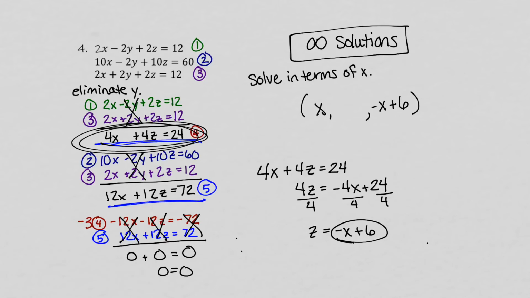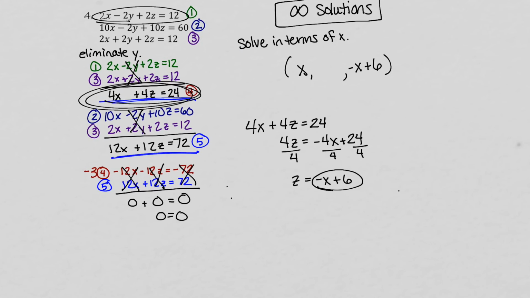And when we started this, we had to start with one of our 3-variable equations. I now know x is x, and I know z is a negative x plus 6. So I'm actually going to plug them in. I said x is x, so I'm leaving it there, and I know z is a negative x plus 6.